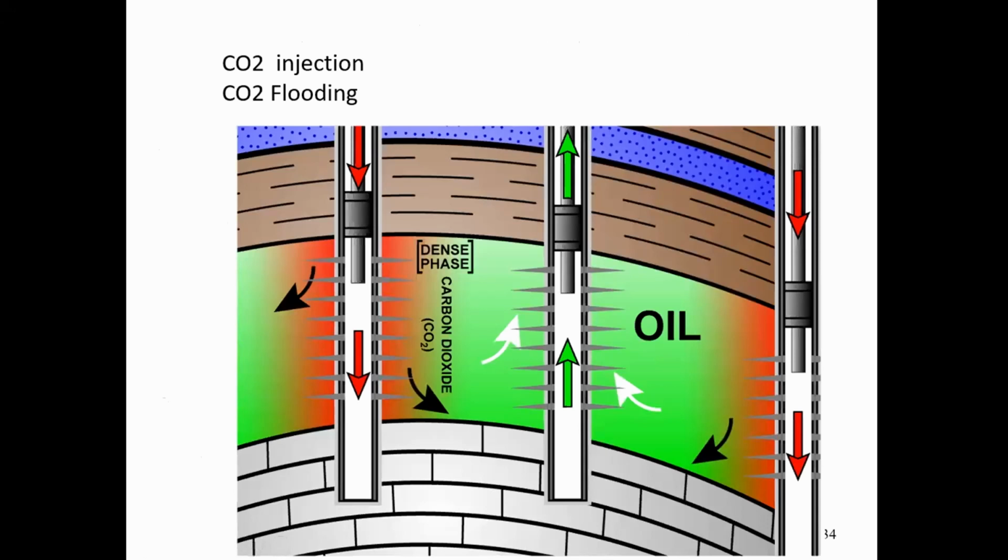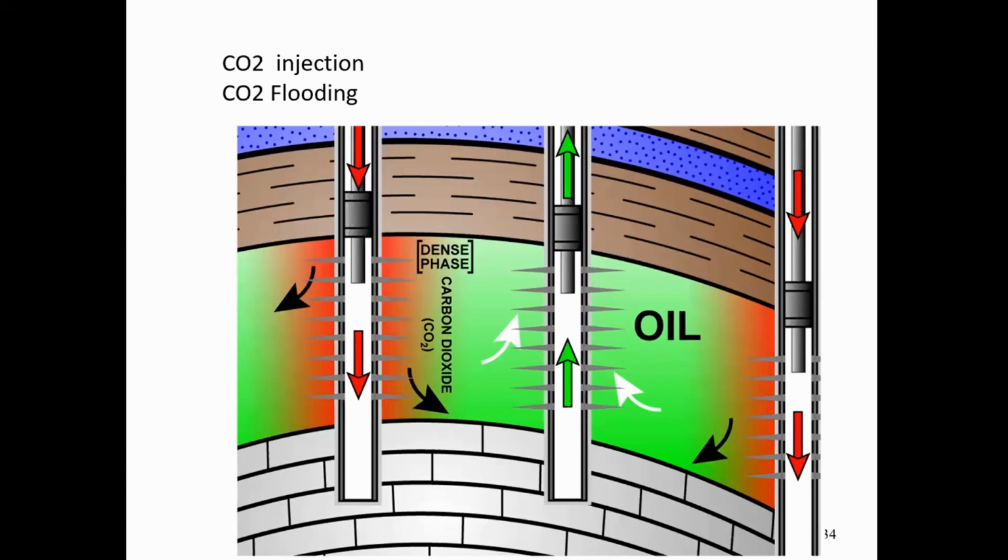Usually, the maximum distance between injector and producer is no more than 400 meters. That's the maximum. I prefer 200 meters. As a consultant, I tell you to make it 200 meters between injector and producer for CO2 to get better response, better recovery, fewer problems.